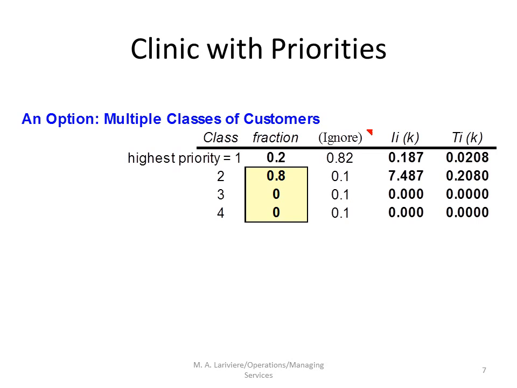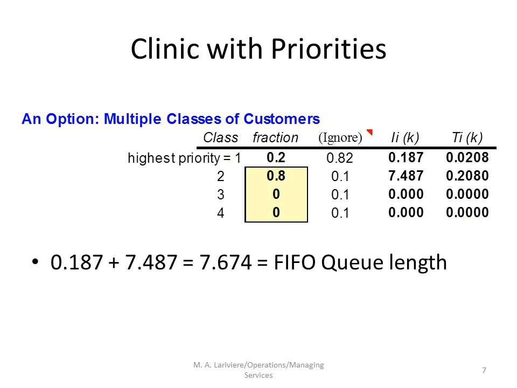We can also relate what we have for the priority system here back to the numbers we have above for first in, first out. For example, if we add up the number of people in line for high priority customers and low priority customers, those sum up to 7.674, which is what we had for the first in, first out queue length above.